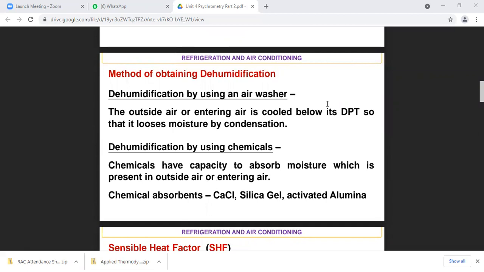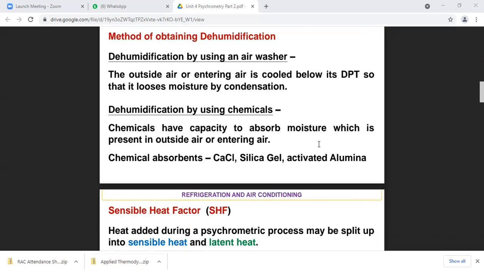In dehumidification by chemicals, the chemicals have the capacity to absorb the moisture present in the entering air. The chemicals used are CaCl, silica gel or activated alumina. This covers dehumidification using the air washer and chemicals.